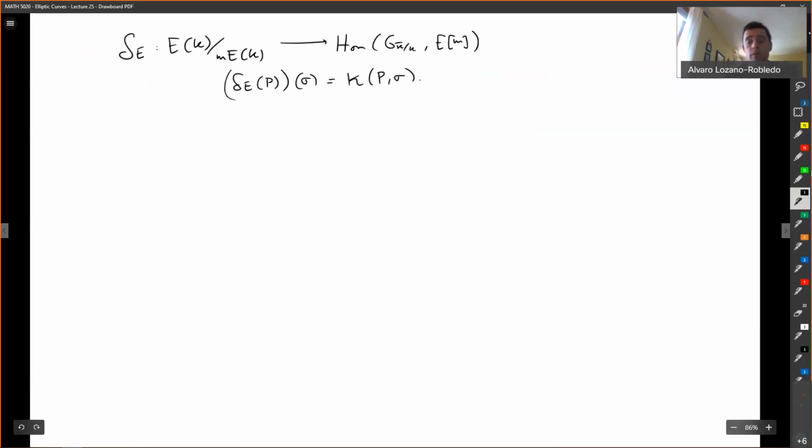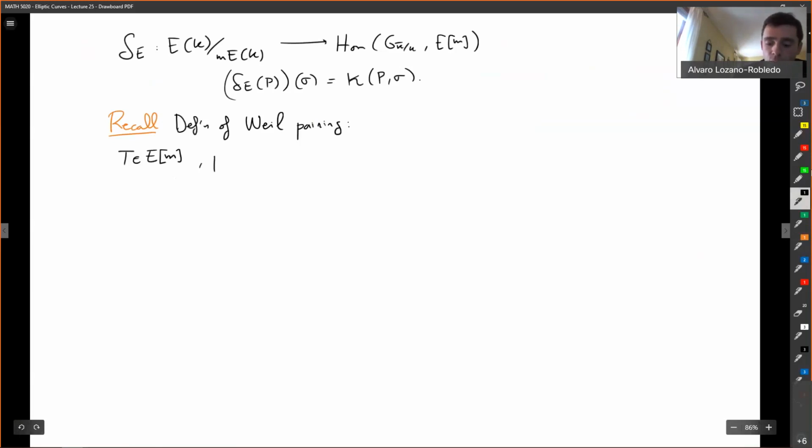Great. Now let's recall the other pairing that came up in the course, which is the Weil pairing. So recall the definition of the Weil pairing. In the definition, we started from a point T of M torsion, and we picked f, a function such that the divisor of f was m times (T) minus m times (O).